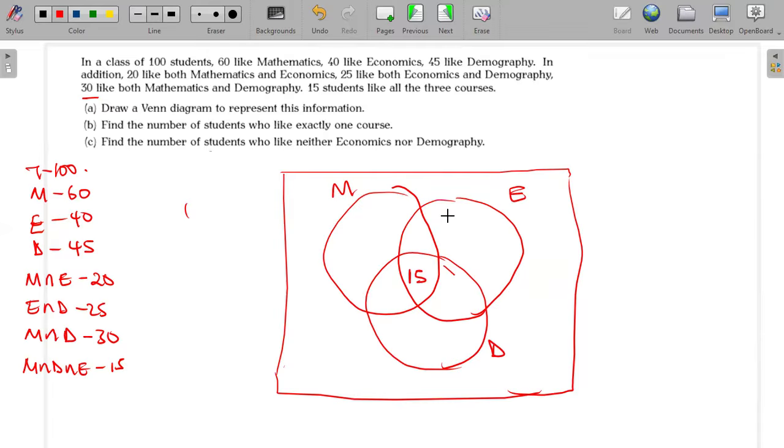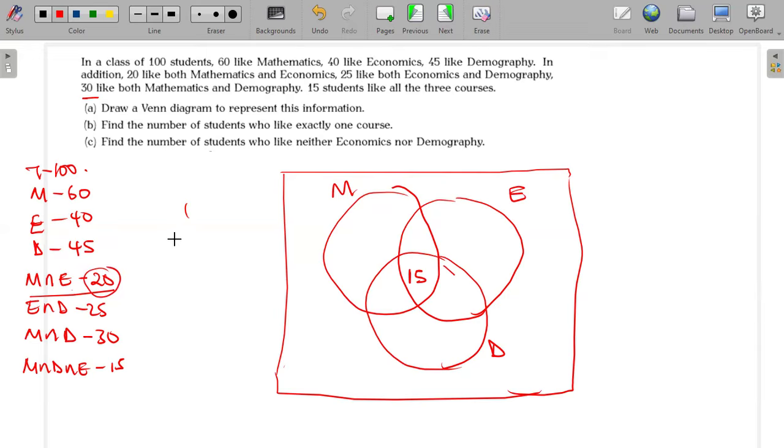That's mathematics, economics, and demography. Now let us find those that like mathematics and economics only. They don't like demography at all. So here they've told us those that like mathematics and economics are 20. But this 20 includes even those that like demography.